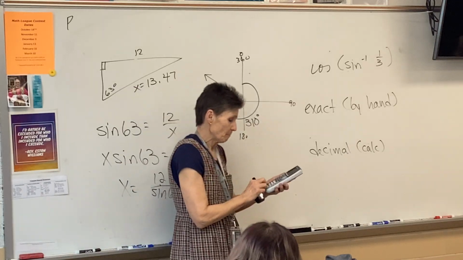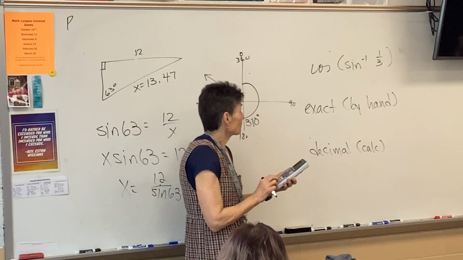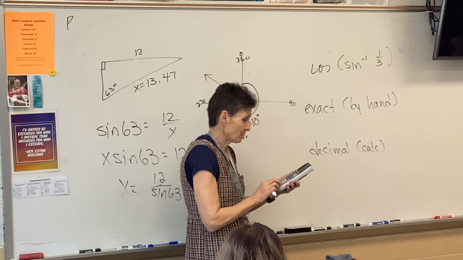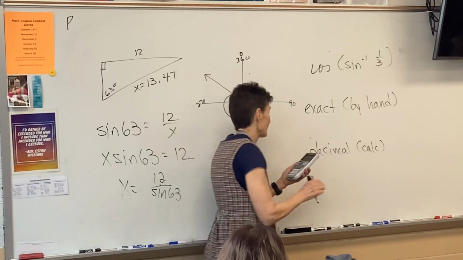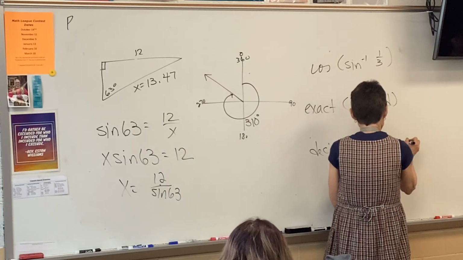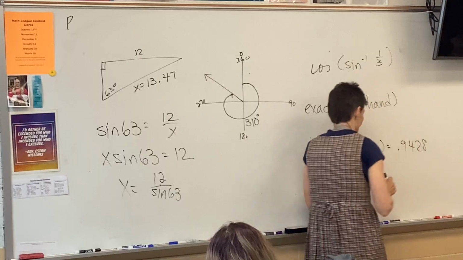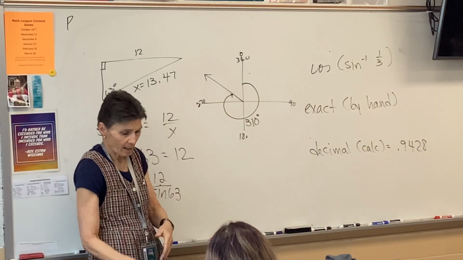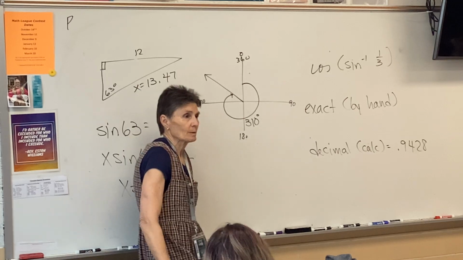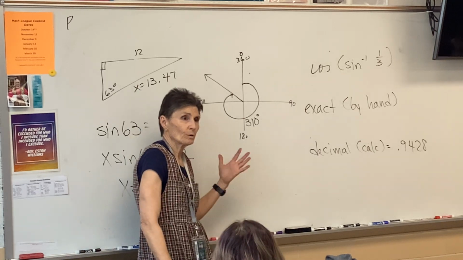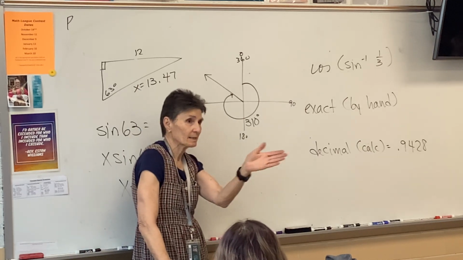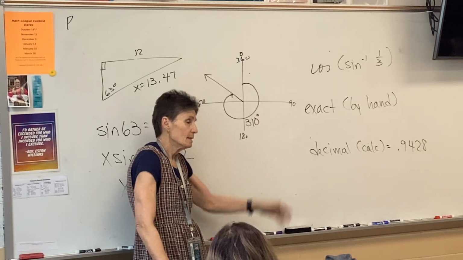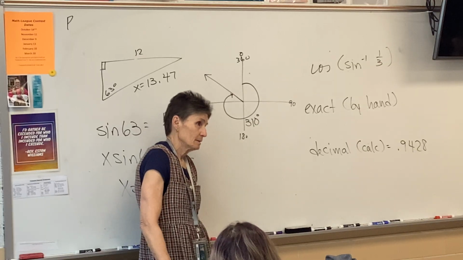Let's type it in. Cosine second sine 1 divided by 3. Decimally 0.9428. Cosine inverse sine 1/3. Remember, we're not worried about what it looks like. We're just typing in exactly what it is. Type it in. All right, everybody got that? Okay. Now we're going to do it by hand.